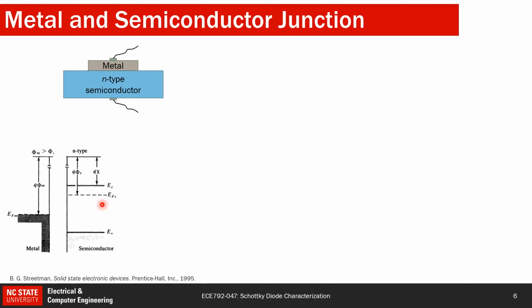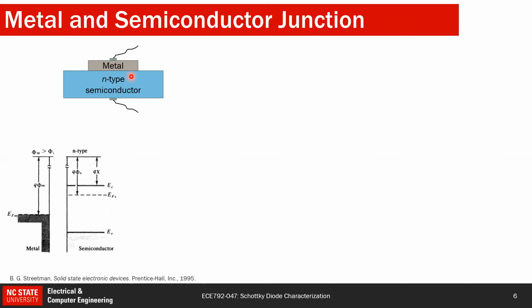For the N-type semiconductor, the Fermi level would be closer to the conduction band, and from the Fermi level to vacuum would be the work function of the semiconductor. From the conduction band to the vacuum level, we call it the electron affinity.